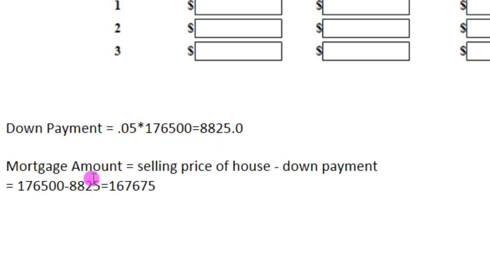Okay, so here it is, mortgage amount, which equals the selling price of the house, minus the down payment, which we computed above. So $176,500 minus $8,825, which leaves us a grand total of $167,675. This is the amount of the mortgage. And so that's going to be our principal, right?